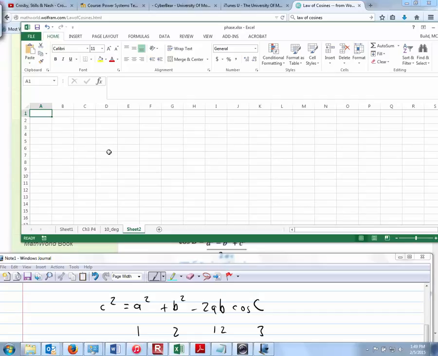I think I was doing something else on that, but let's just get the actual numbers going. So here we'll put in A, we'll put in B, we'll put in A squared, we'll put in B squared, we'll put in C, and then we're going to put in C in radians, and then we're going to put in cosine of C, and then C squared, and then we'll get C itself.